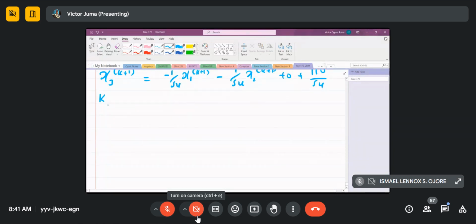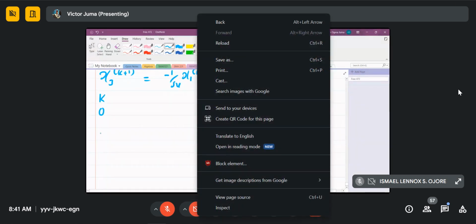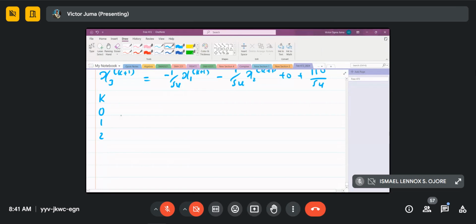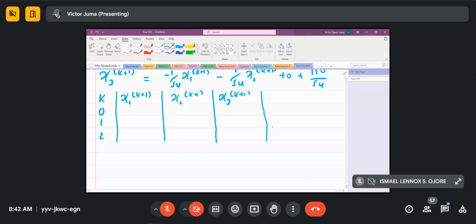I have k, that's 0, 1, 2, and then I have x1 k plus 1, and then x2 k plus 1. You can, if you want, put errors alongside: x1 and its error, x2 and its error, x3 and its error, and so on.